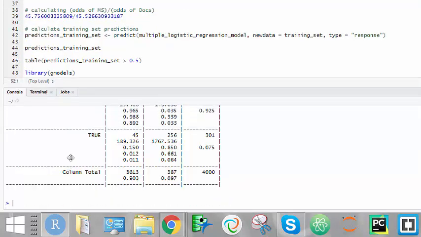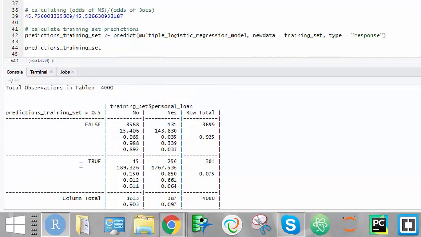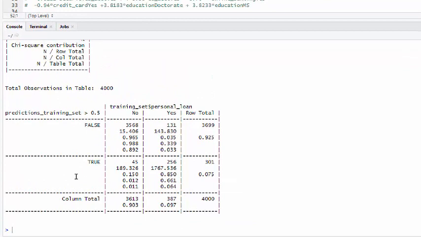So I'm gonna make it bigger. Alright, like this. Okay, ladies and gents. So here vertically is my prediction greater than 0.5 false. Yes, sir. Say again?